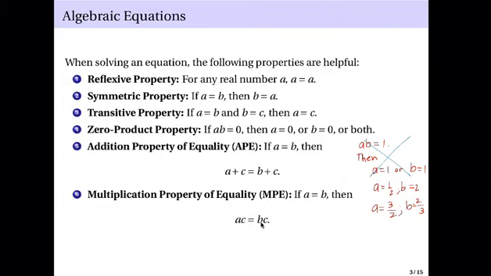Whatever you multiplied on the left-hand side of the equation must also be multiplied to the right-hand side of the equation to preserve the equality. Question?